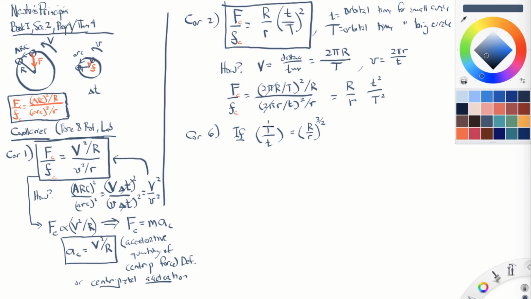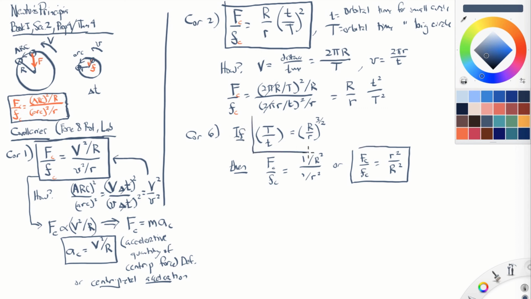If this happens to be the case, the time of orbit for this one and the time of orbit for that one are related by the radii to the 3/2 power, then the ratio of the forces that are holding them in orbit must go as the inverse of the radius of the orbits squared, or we can also write this as the centripetal force ratio is little r squared over big R squared. That is, the ratio of the forces is in the inverse ratio of the square of the radii. So if this, then this.